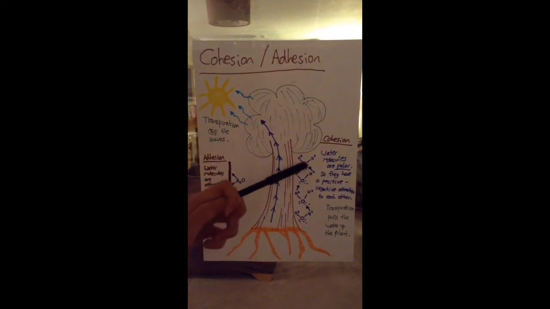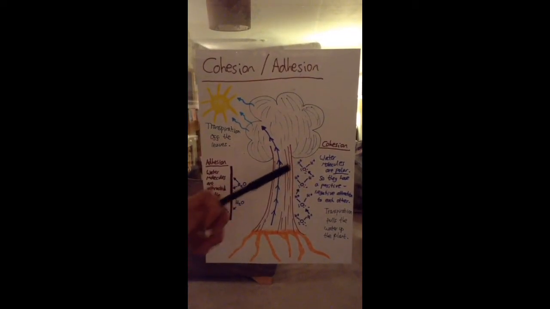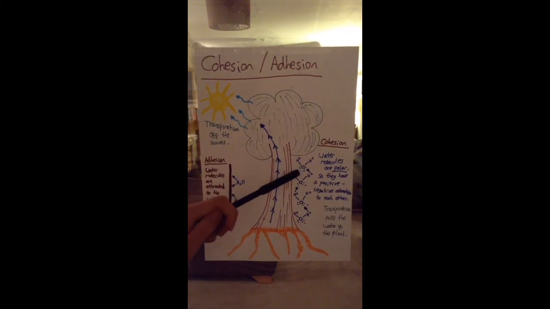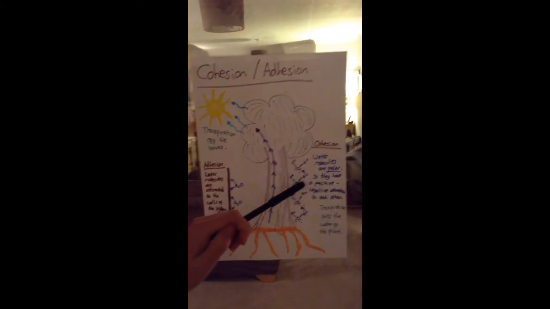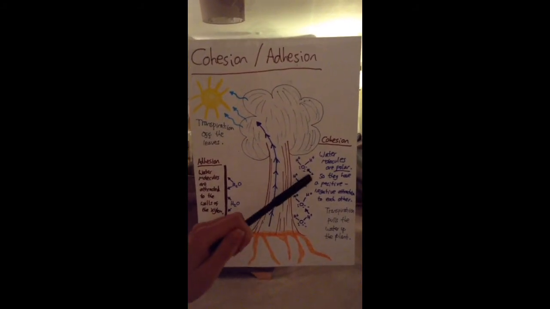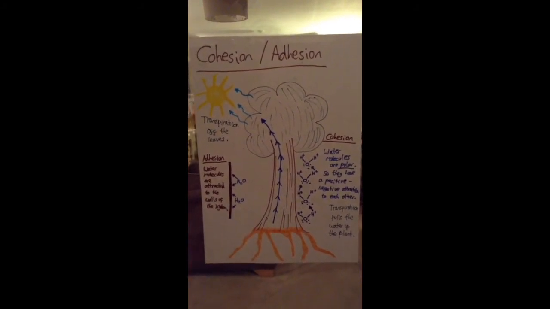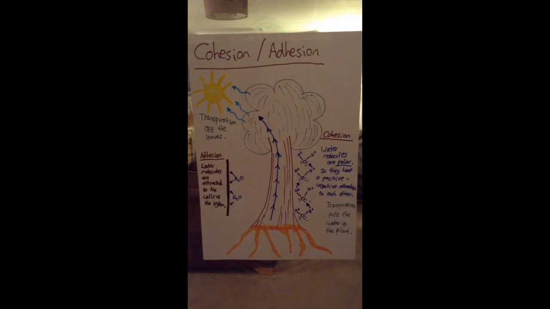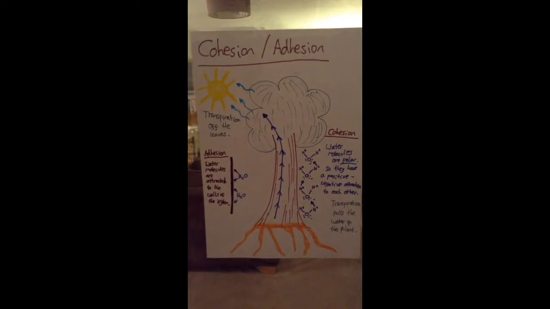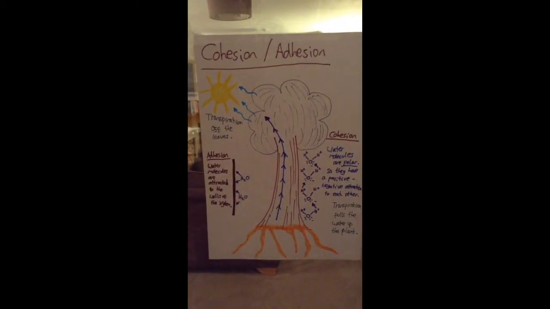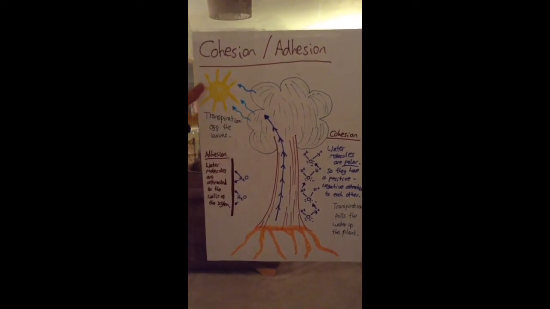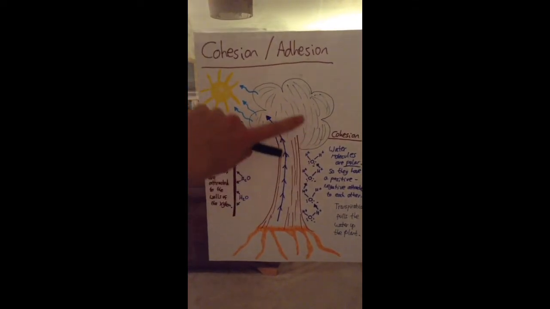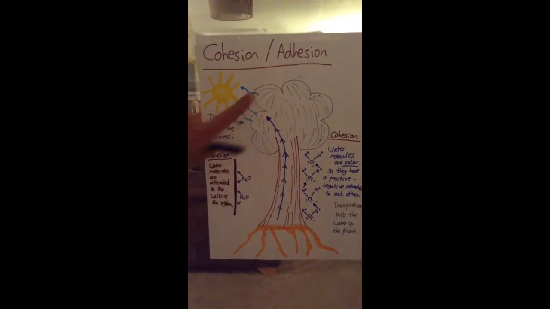You have the oxygen with the two hydrogens, and the oxygen is negatively charged with the lone pairs, and the hydrogen is positively charged. So the hydrogen will be attracted to the oxygen between the water molecules. And this is a very strong attraction, and so once transpiration pulls these molecules off, these will pull each other up the plant like that, and that's cohesion.